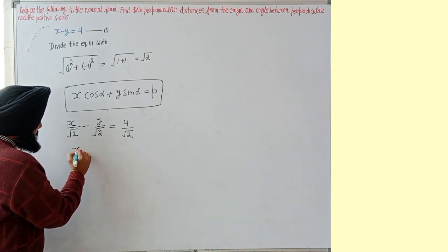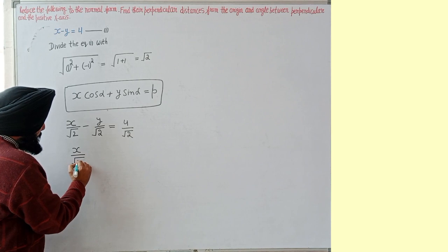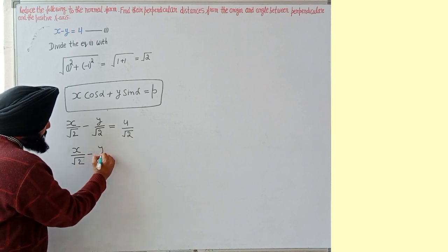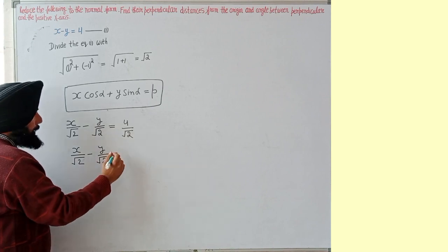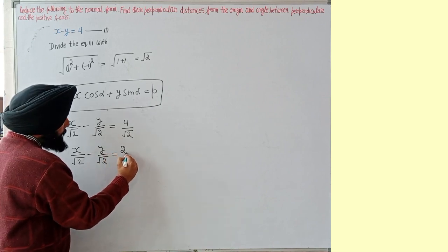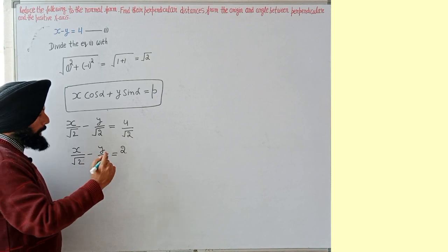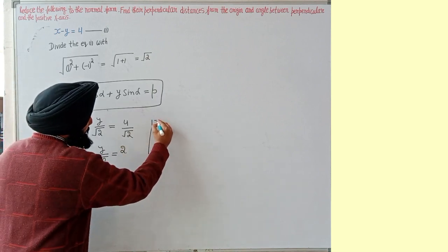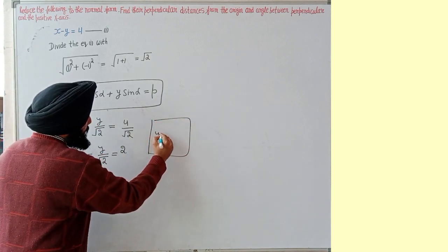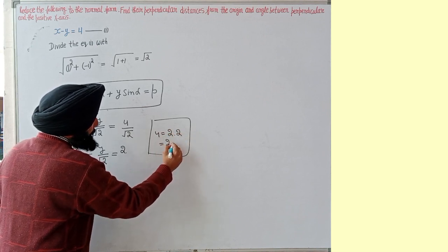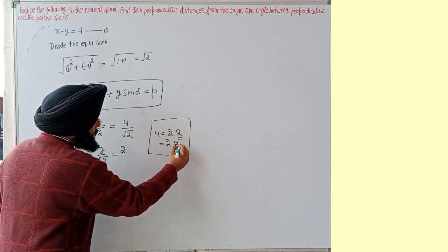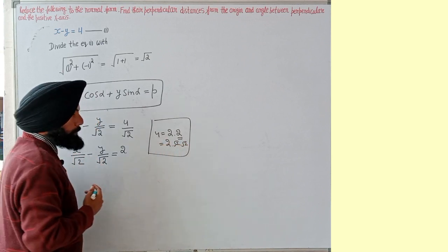This 4 can be written as 2 multiplied by 2, and 2 can be written as under root 2 multiplied by under root 2.